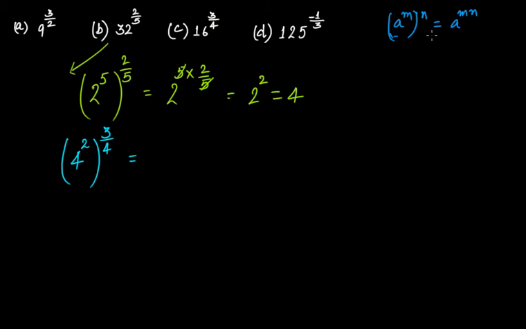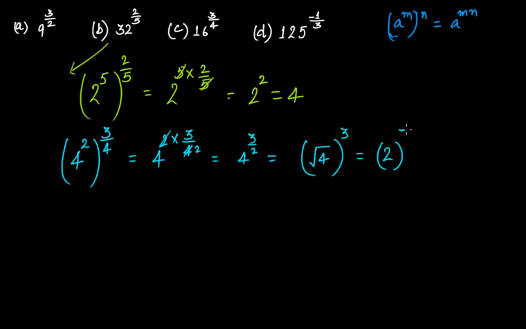From here, the same law of exponents, you get 4 raised to the power of 2 multiplied by 3 by 4. So from here, this becomes 2 and you get 4 raised to the power of 3 by 2. Now I'm going to first take the square root and then I'll take the cube of it. So square root of 4 is what? 2. Then 2 raised to the power of 3 will give you 8.